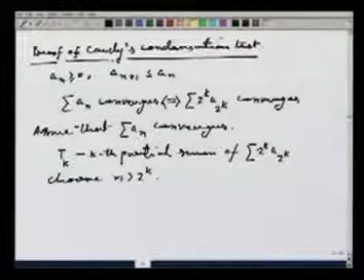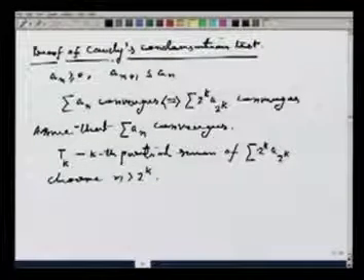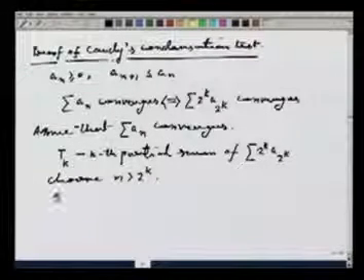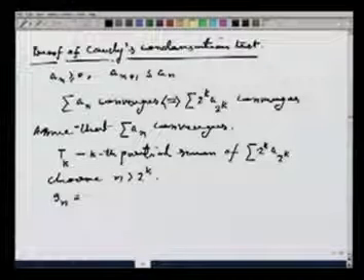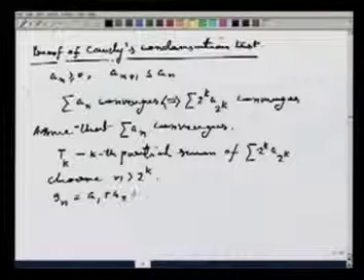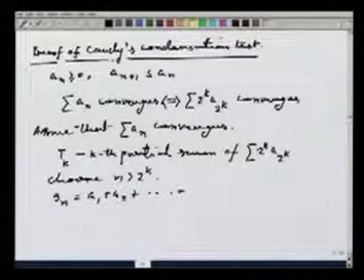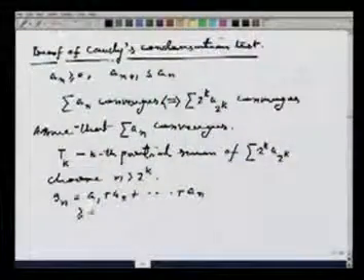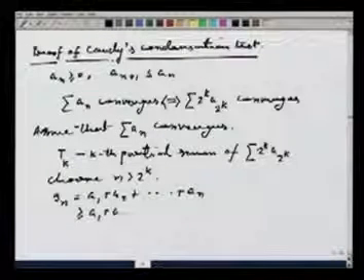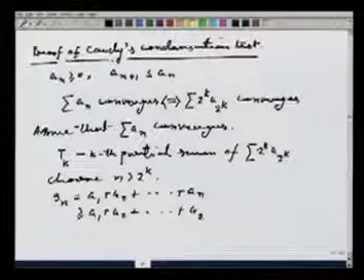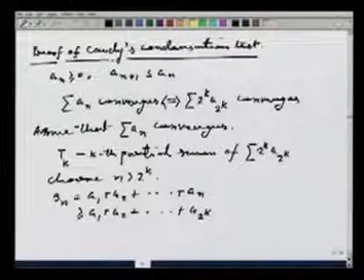Given any k, I look at 2 to the power k and I choose a natural number bigger than that. Now, what is S n? S n is a1 plus a2 plus so on up to a n. Now, since the terms are non-negative, I can certainly say that this is bigger than or equal to a1 plus a2 up to a 2 to the power k, because the terms here are non-negative.